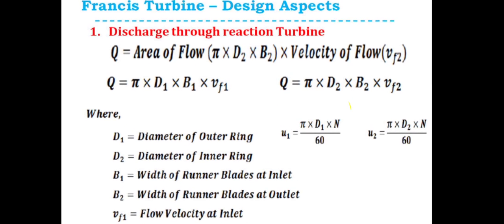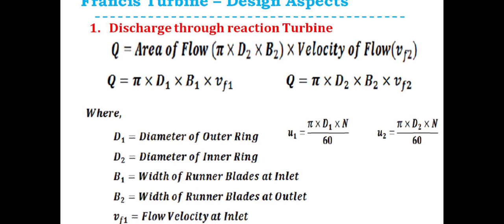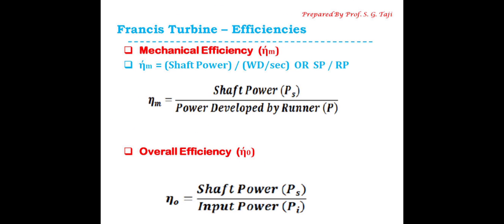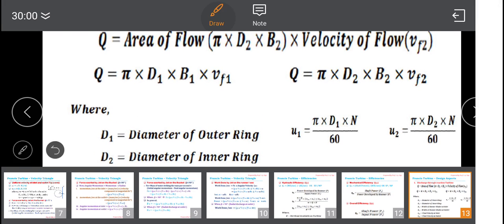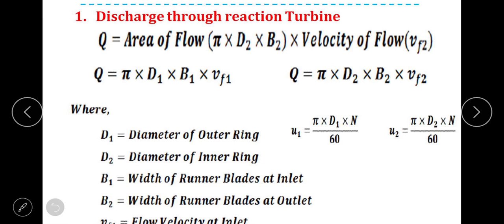Now, discharge through reaction turbine. In order to find out discharge through a reaction turbine, Q is equal to area of flow, that is pi multiplied by D2 multiplied by b2, multiplied by velocity of flow Vf2, that is at outlet.